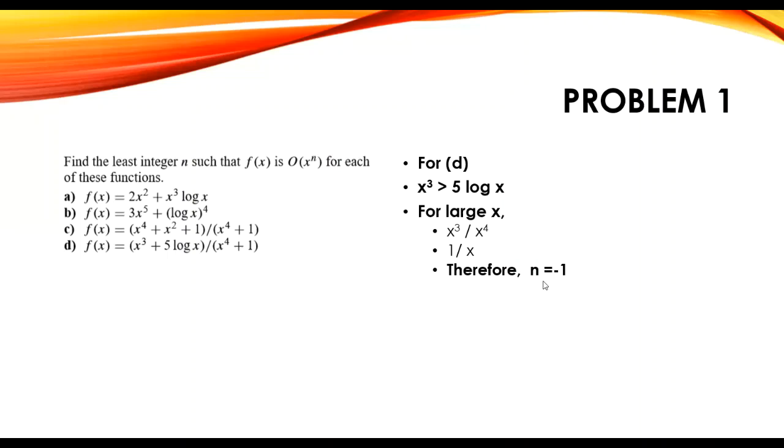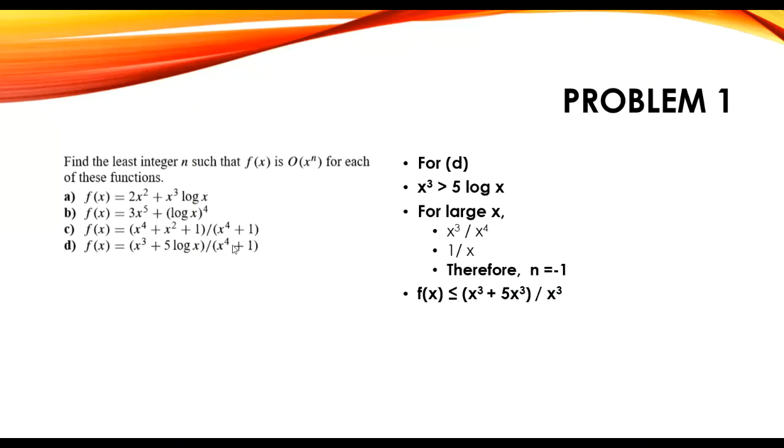Okay, now let's proceed with defining c and k. We need to rewrite our numerator in terms of x cubed. So we have x cubed plus 5 log x, and I replace log x by x cubed. And why x cubed instead of x to the fourth?